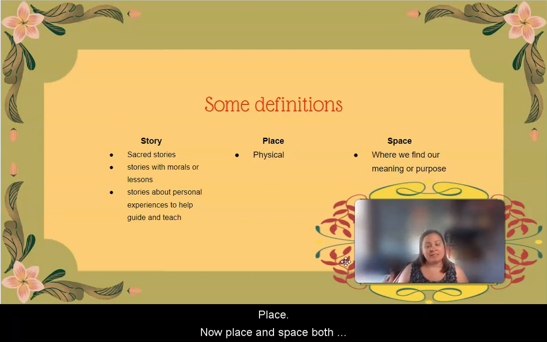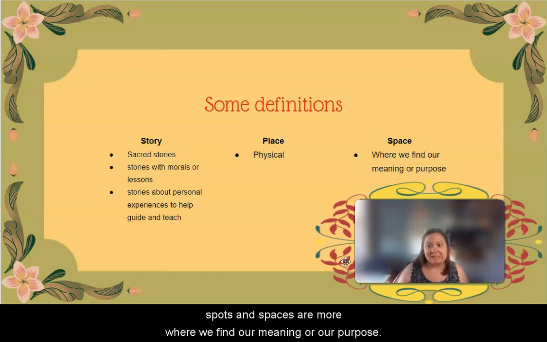Places. Now, place and space both come from Descartes, a French philosopher and rhetorician, and he says that places, in a very simplified definition here, are these physical spots. And spaces are more where we find our meaning or our purpose within these places.